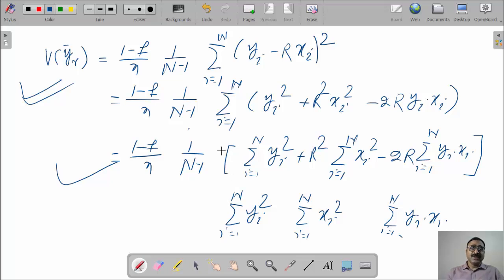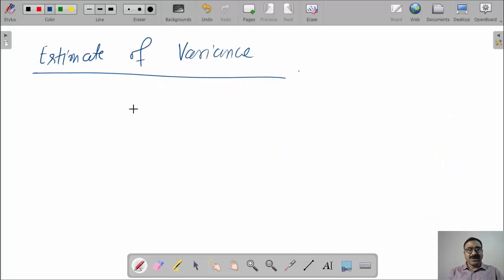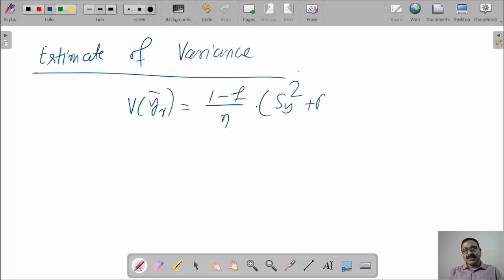Now, similarly, we can also find an unbiased estimate of this. As we have seen, the variance of y bar is equal to (1 minus f) by n into Sy square plus R square Sx square minus 2R Syx.